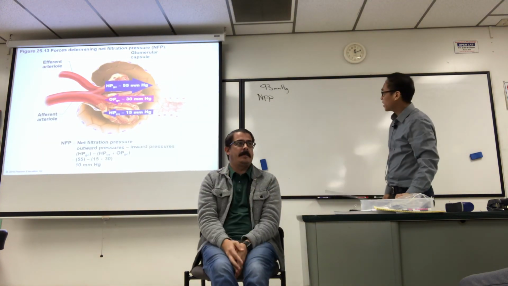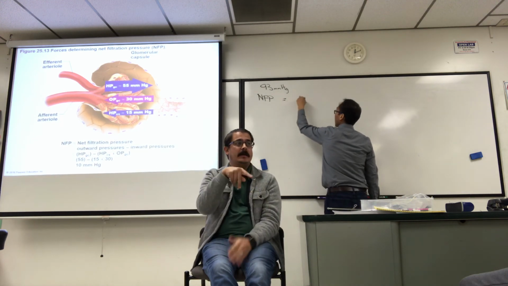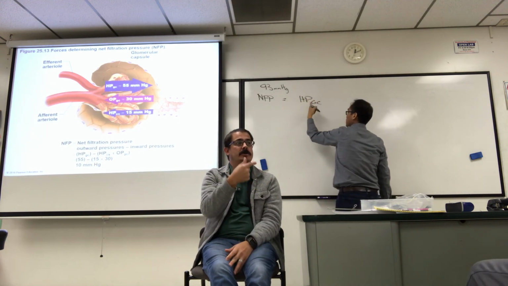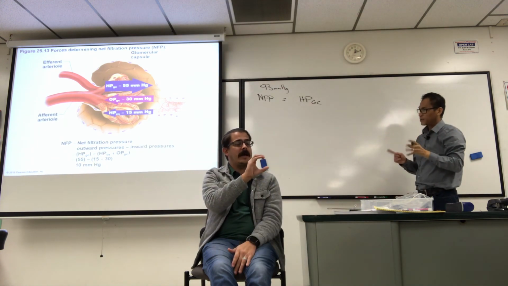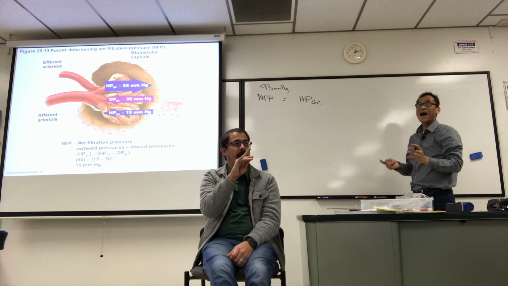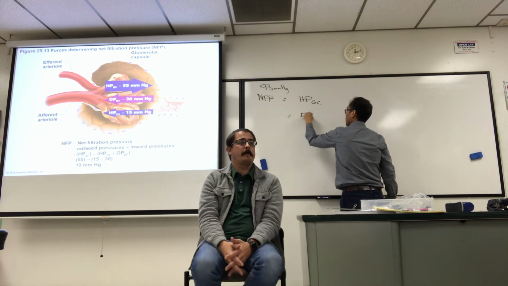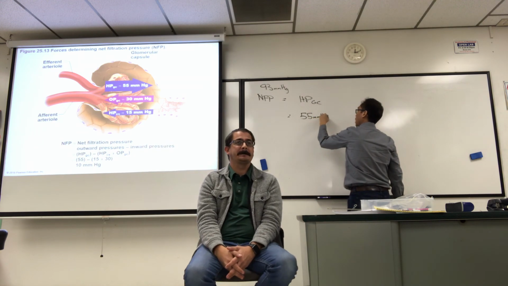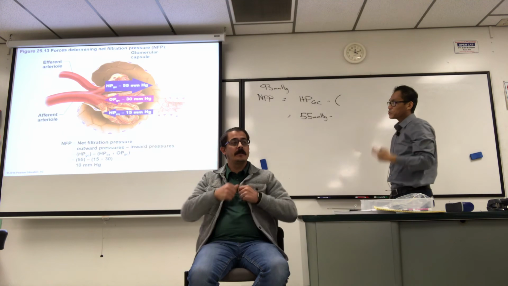So out minus in. NFP equals HPGC. That stands for the hydrostatic pressure in the glomerular capillaries. That's calculated to be something like 55 millimeters of mercury. You subtract from that the inward pressures, and there are 2 of them.